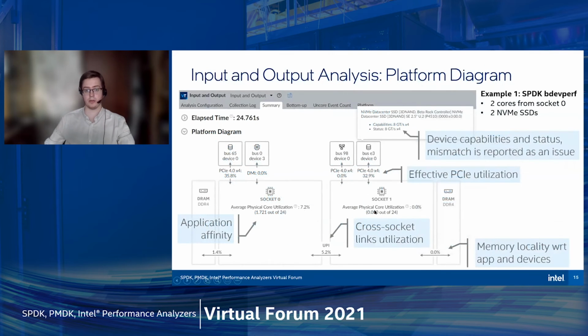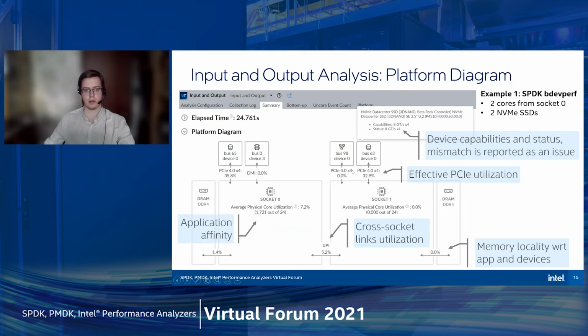So let's take a look at how it looks in VTune. In this first example, we have a result captured for an SPDK application that interacts with two NVMe SSDs. So the input and output analysis starts with a platform diagram.